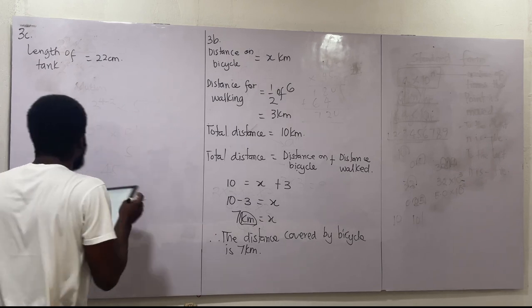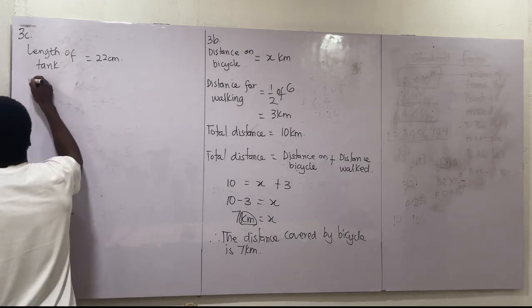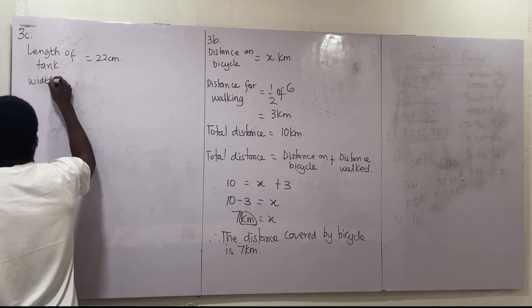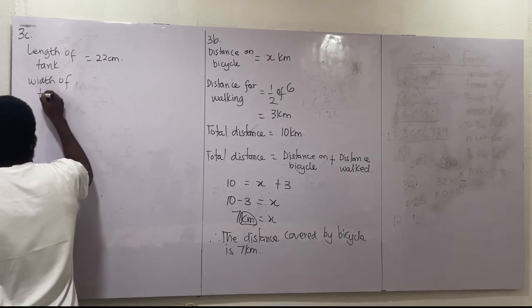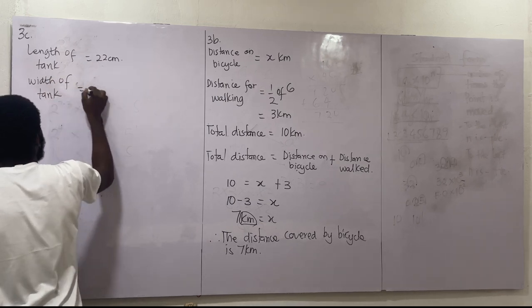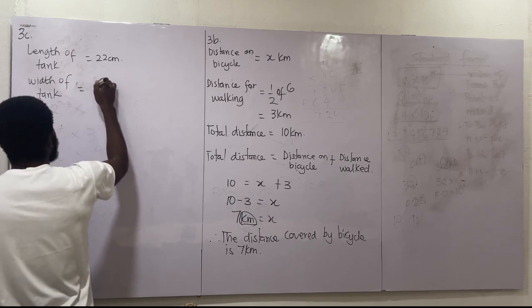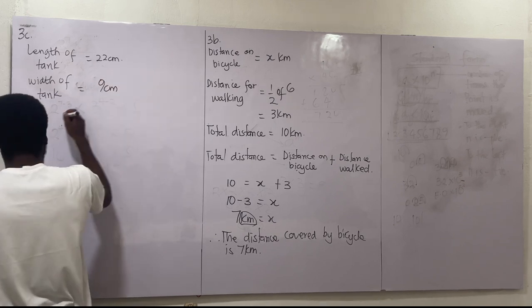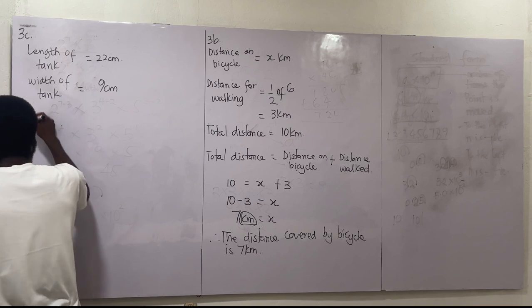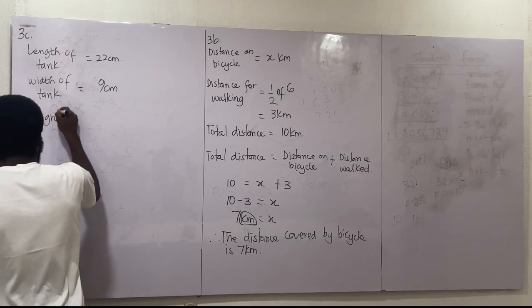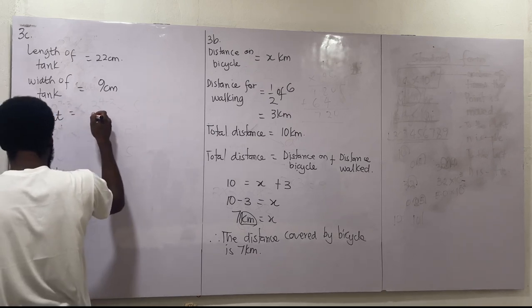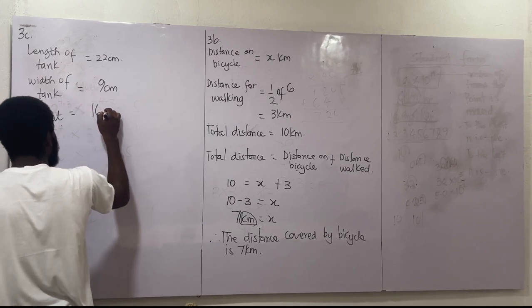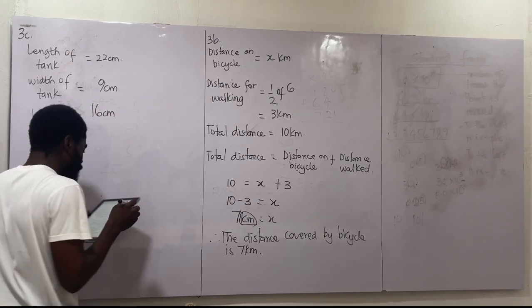Width of tank equals 9 cm, and the height equals 16 cm. So this is the information I have.